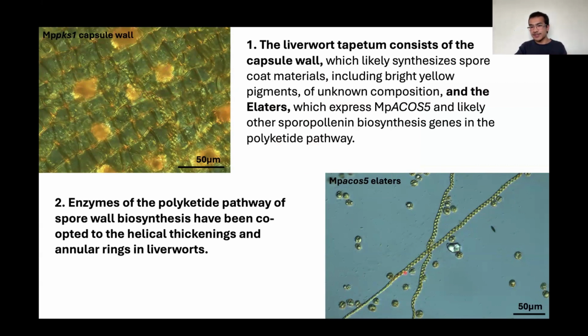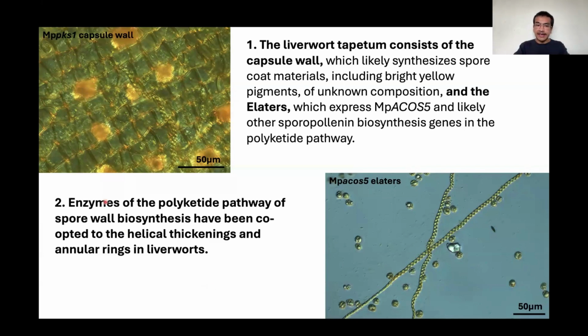Additionally, the elaters are making the sporopollenin-based polyhydroxylated polyketides. And these two cell types together act as a liverwort tapetum, producing spore wall components for the spores. They have different functions, but they both contribute to the spore wall.